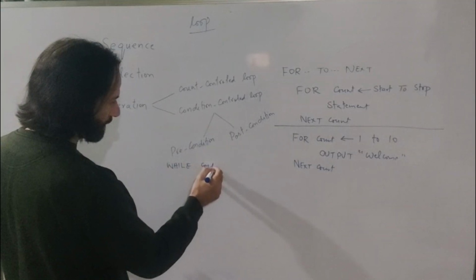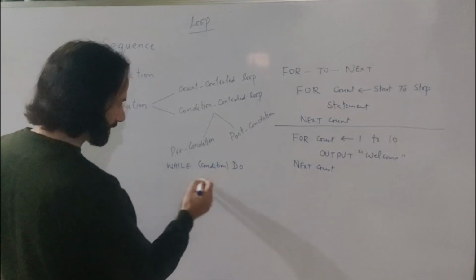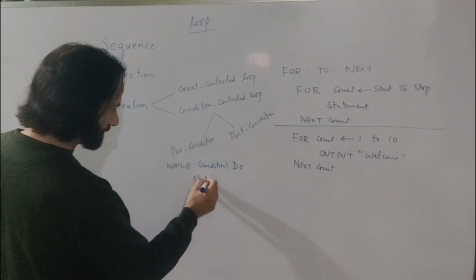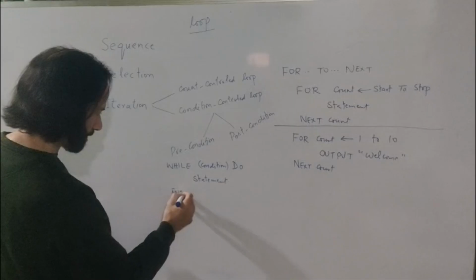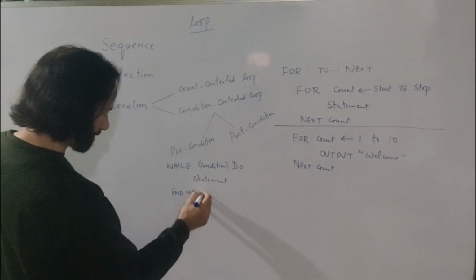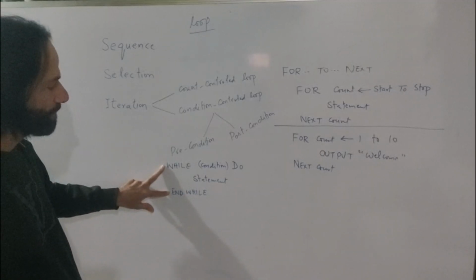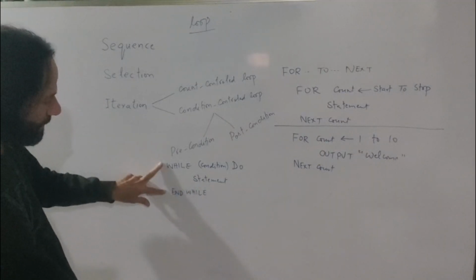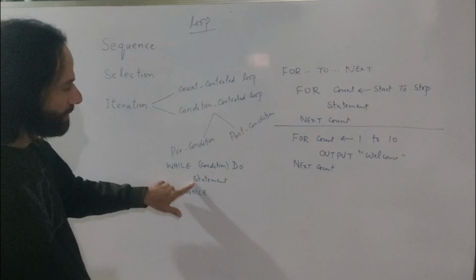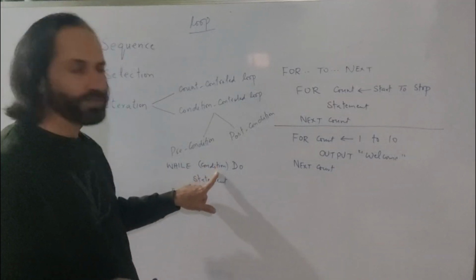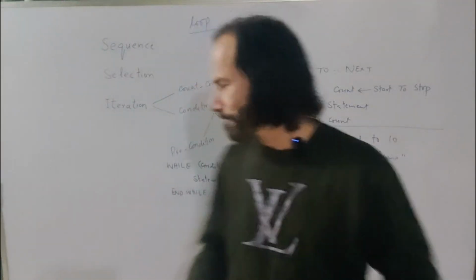Here we are going to write a certain condition and we will write the statements here. Whatever we write between while and end while will be repeated a number of times that depends on the condition. Now let me give you a real example.